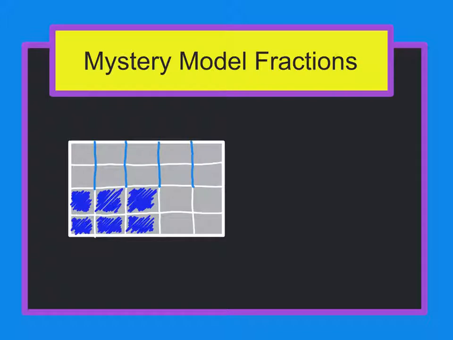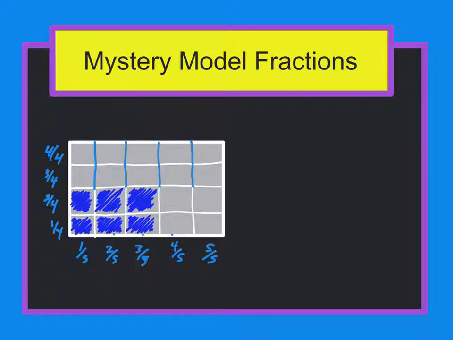And now we need to list its dimensions. So again, I'll label that down here. We have 1, 2, 3, 4, 5, so I know it's going to be fifths. 2 fifths, 3 fifths. And then going tall, we have 1, 2, 3, 4, so that is cut into fourths. All right, there you go.